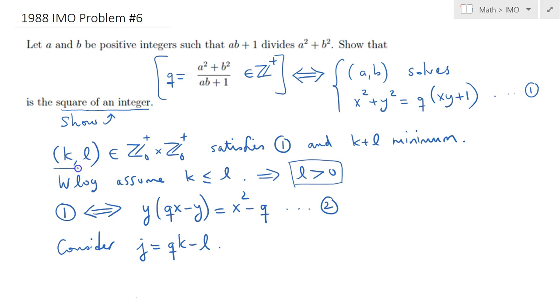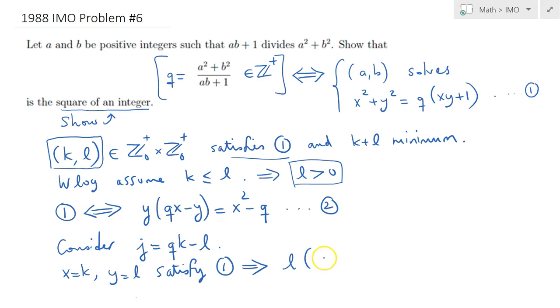Because the pair KL solves equation 1, we already know that x equals k and y equals l satisfy 1. As a result, replace y with l and replace x with k in equation 2, and we get l times (qk minus l) equals k squared minus q.